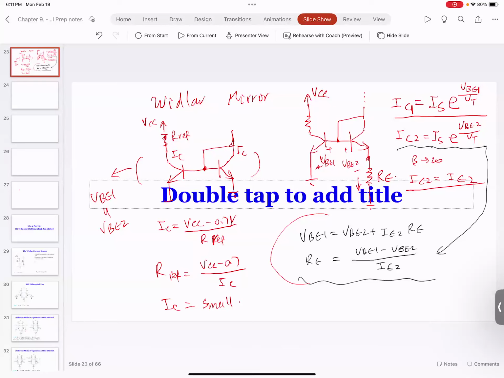How do we erase this? I'll probably just erase everything. This is all messed up.